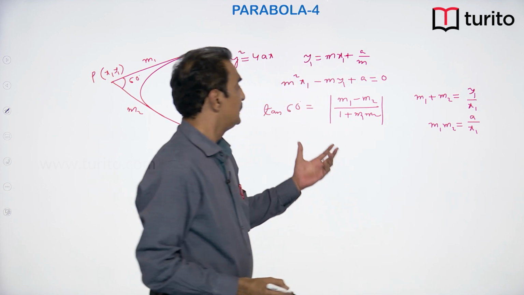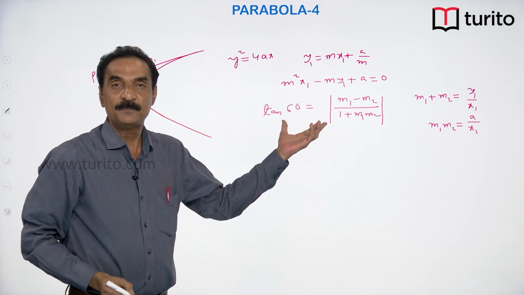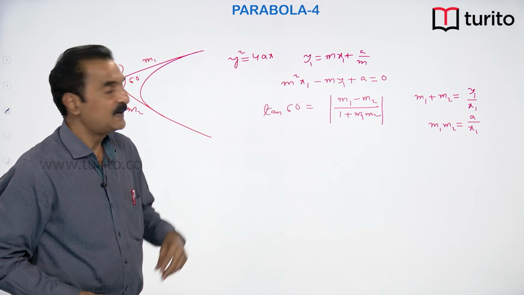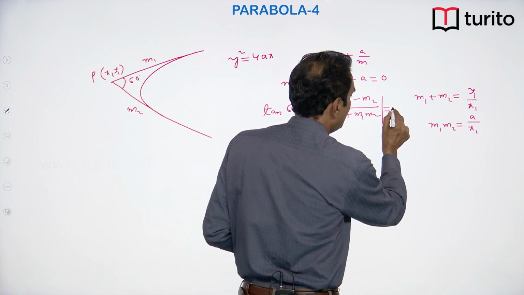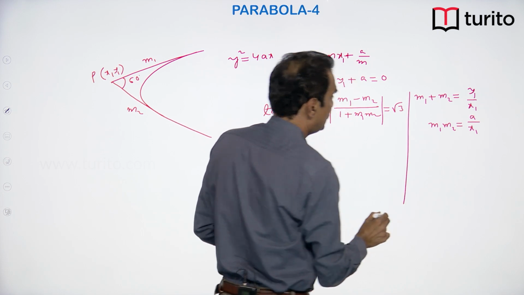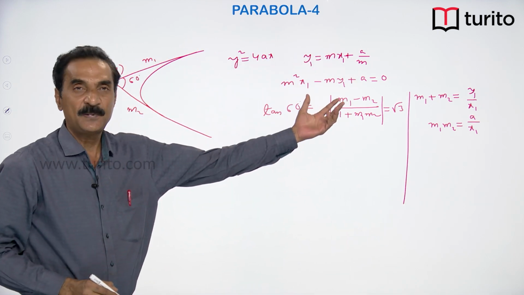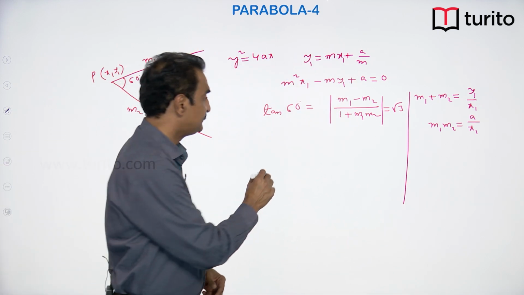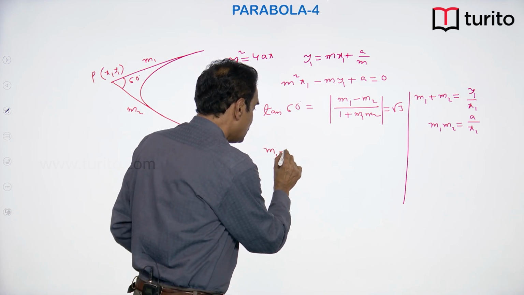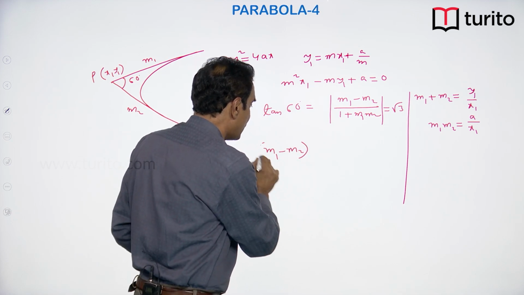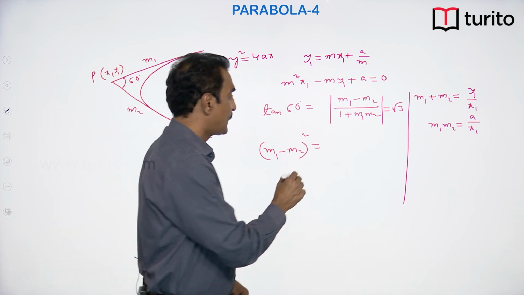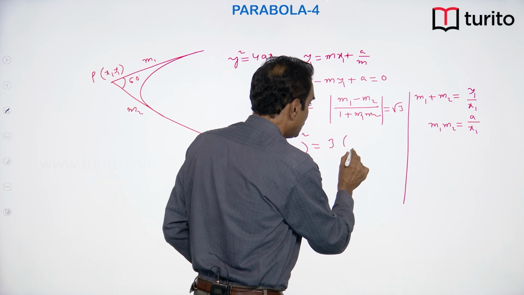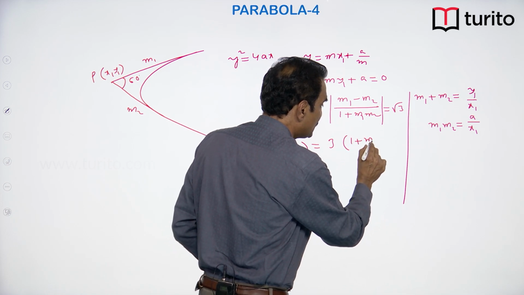Okay. Now, we are going to simplify this condition. What is the value of tan 60 degrees? Root 3. So, if this is root 3, cross multiplying and squaring, we get m1 minus m2 whole square is equal to 3 into 1 plus m1 m2 whole square.